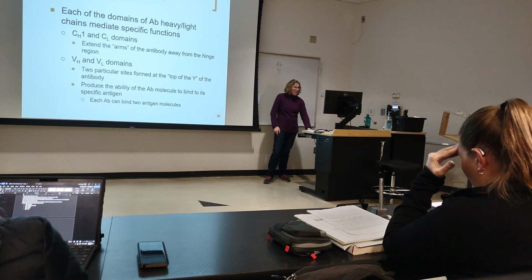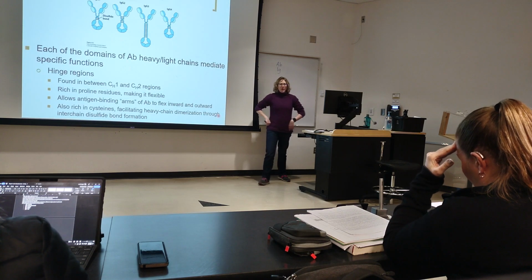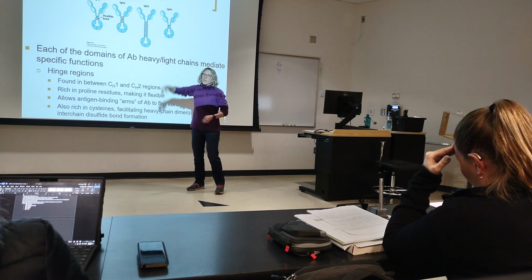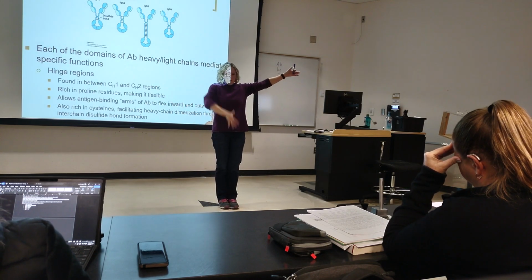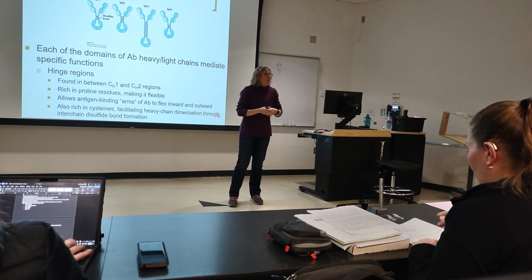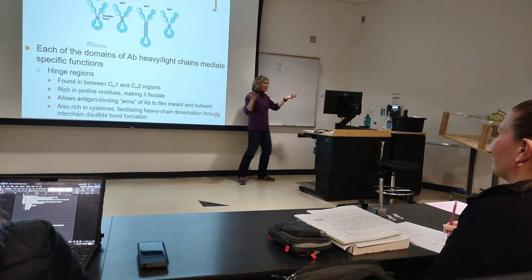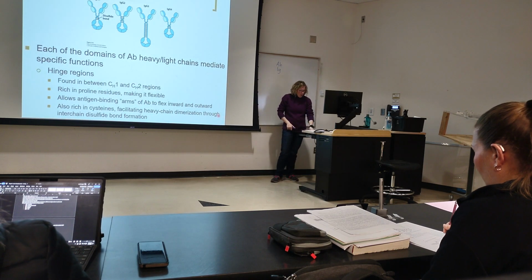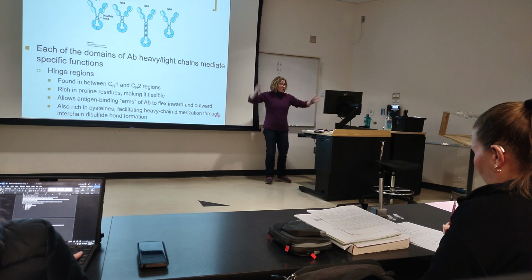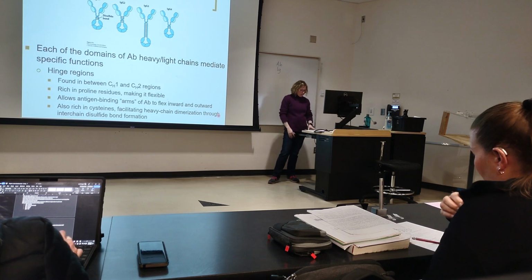Right, so that's back here. There is what is called the hinge region. That's just the middle. It holds the arms onto the Y. It can be longer or shorter depending upon whether I'm making a dimer or a monomer or a pentamer. Depending upon how long that region is dictates how flexible I am, how wide, how spread apart the arms are.